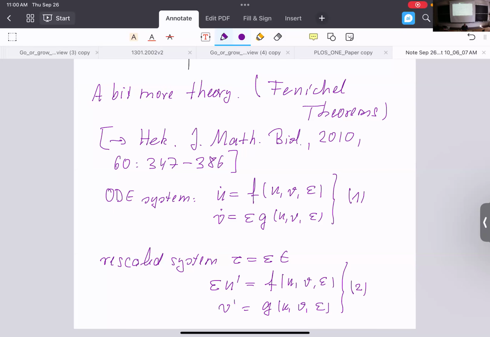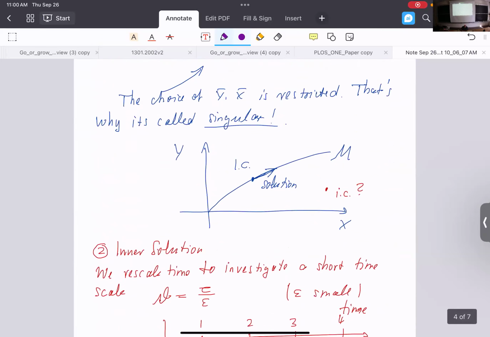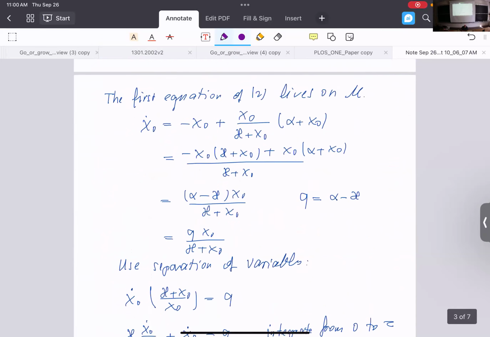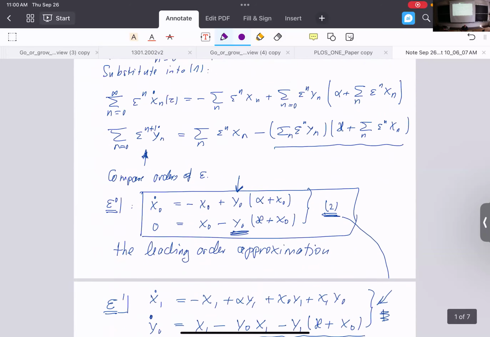Now, this looks a little bit different than what I did just before, and we need to wrap our head around this a little bit. So which of them is a fast and which of them is a slow system? Maybe I go back. Again, I wish I had like 12 blackboards I can write on at the same time.